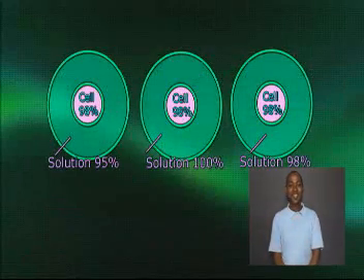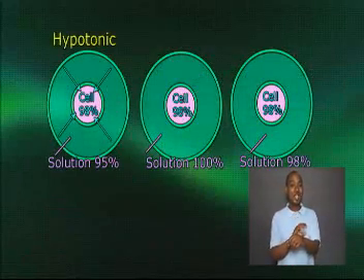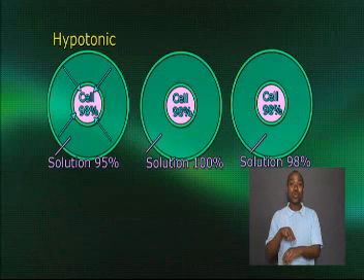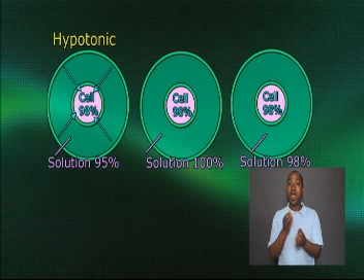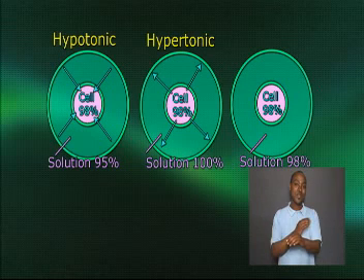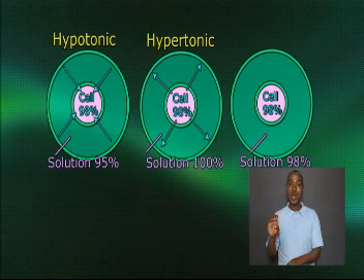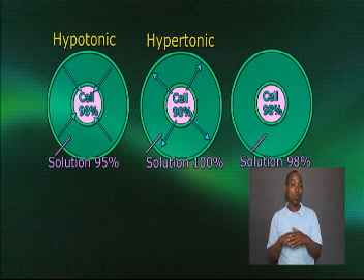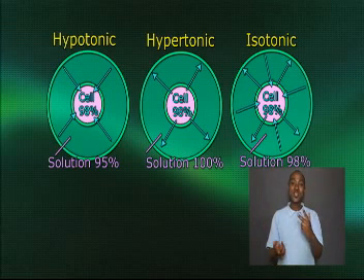The first cell is in a hypotonic solution, and water moves into the cell by osmosis. The second cell is in a hypertonic solution, and water moves out of the cell by osmosis. The third cell is isotonic, and the solution maintains equilibrium.